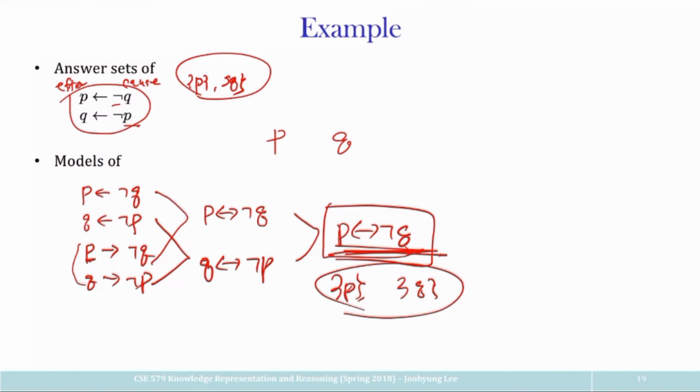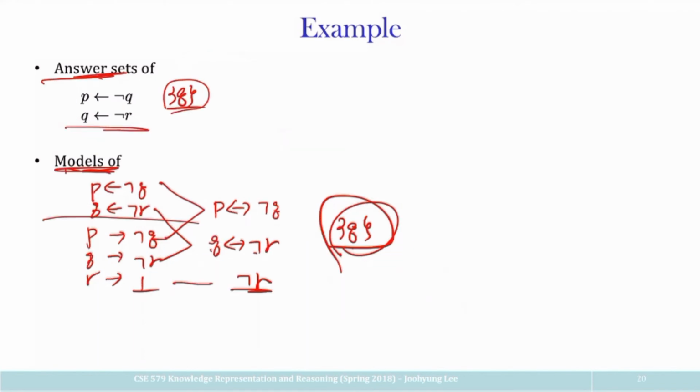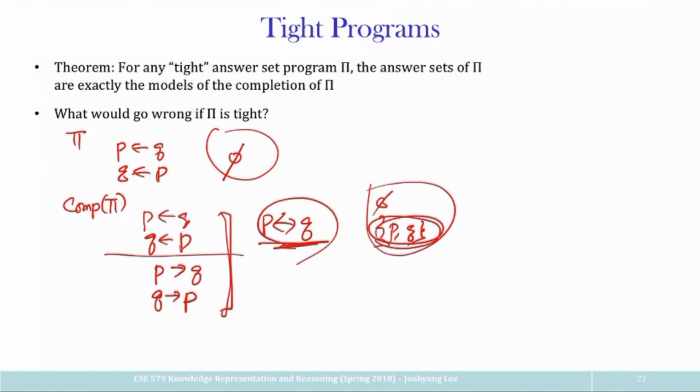So how many edges are here? Nothing. How many loops are there then? Nothing. So this program is called tight because there is no loop. What about this? How many nodes are there? Three. How many edges are there? Is the program tight? Yes. How many nodes are here? Two. How many edges? Two. How many loops? One. So this program is not tight.